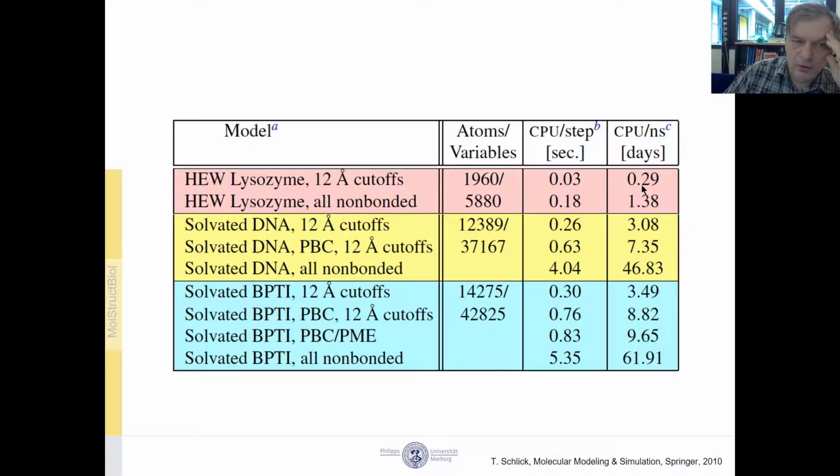At that time, it looks like you could come up with maybe just a few nanoseconds per day. But I can tell you that, for example, for this lysozyme simulation with that kind of protein, we would probably go for about 200 nanoseconds per day, which in the lab would be no problem.